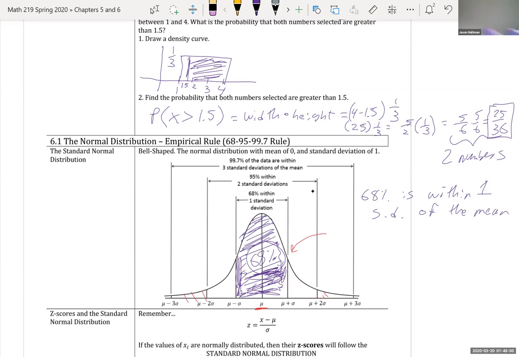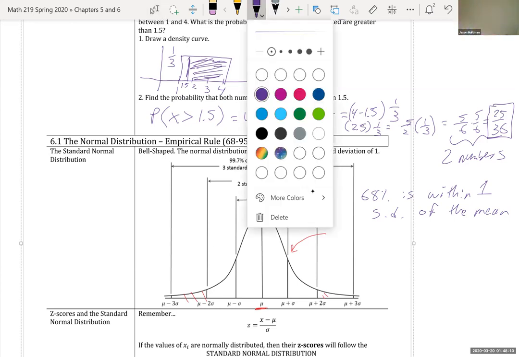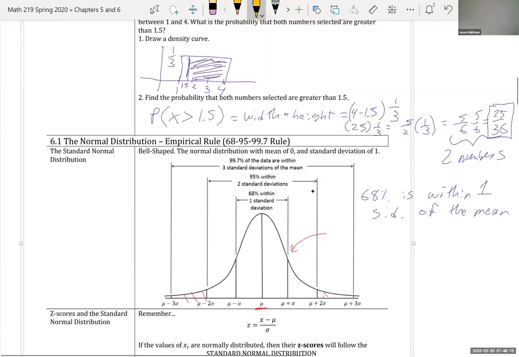If I go out two standard deviations, I'm going to get rid of this. Two standard deviations, then what is it here? Well, it looks like this. Maybe we'll do gold on this one. Two standard deviations is all of this area.